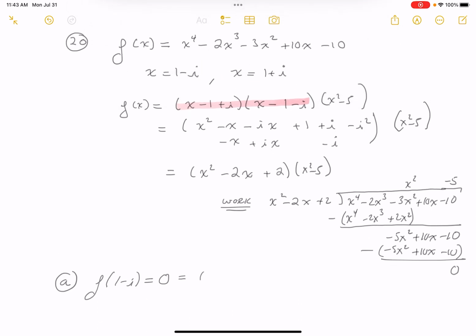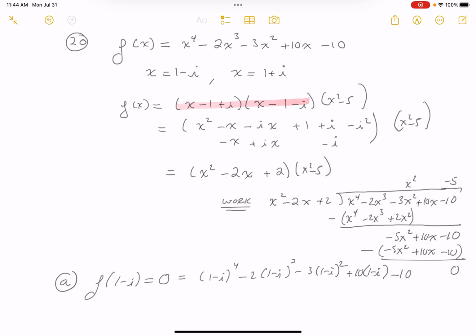And that's going to be (1 minus i) to the 4th power minus 2 times (1 minus i) cubed minus 3 times (1 minus i) squared plus 10 times (1 minus i) minus 10. But it looks like a lot of work to me. So I'm going to say, I don't think I want to do that. But you could. I'm not saying you can't do that.